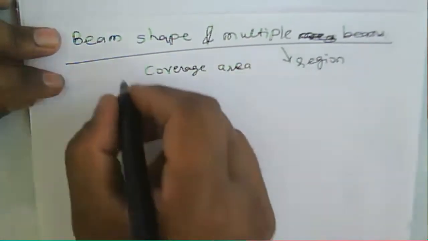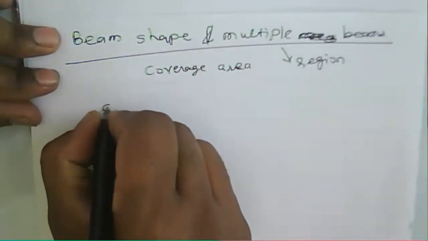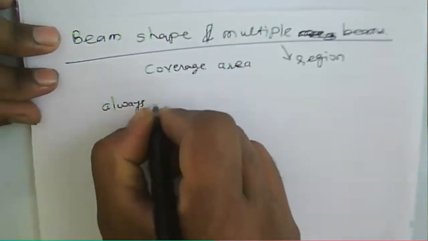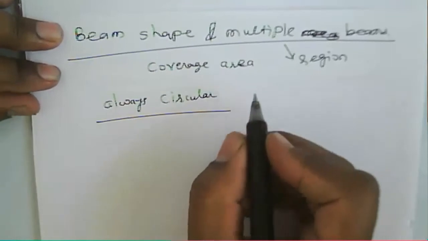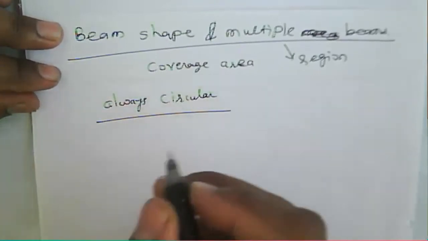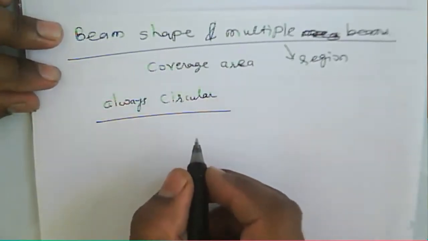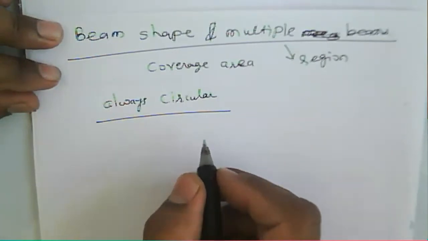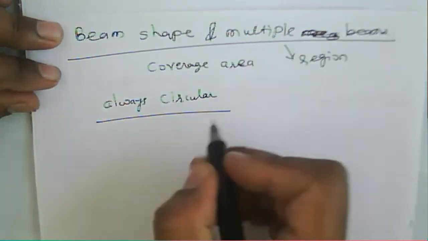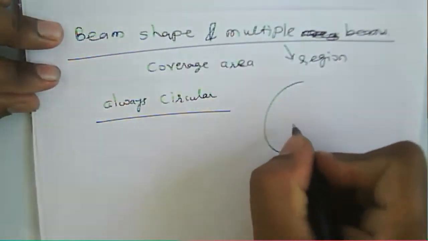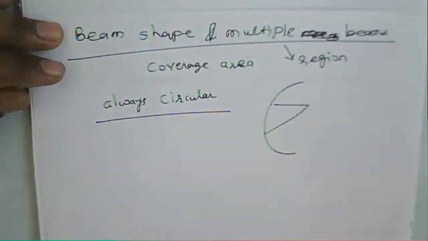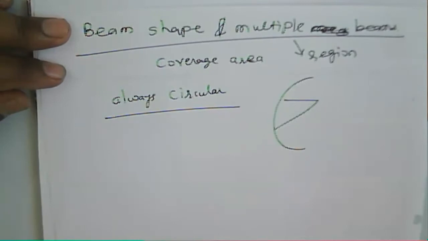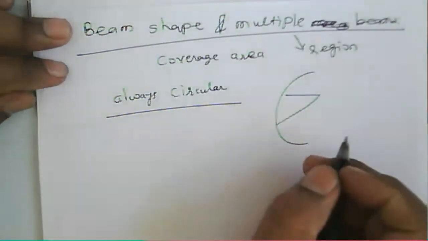Generally the beam shape is always circular. All the beams are circular in shape. If you consider an antenna that is a dish or a circular one, you'll get a circular fashion, and they are fed with different antennas.